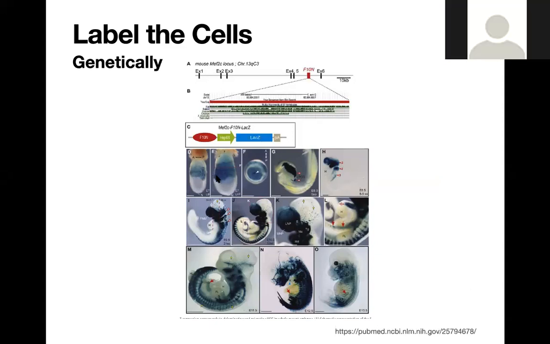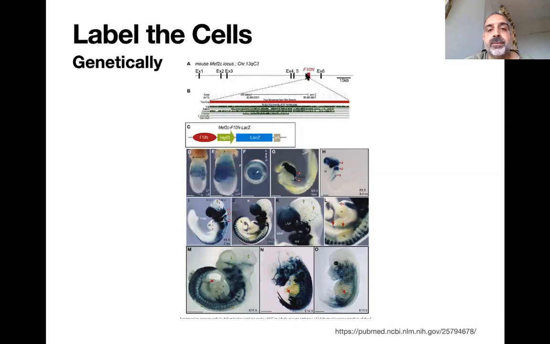It will cause a blue precipitation in particular conditions, and what this shows is that this group of cells here will give rise to the most anterior neural cells in the later embryo. Of course, this is driven by a particular enhancer.